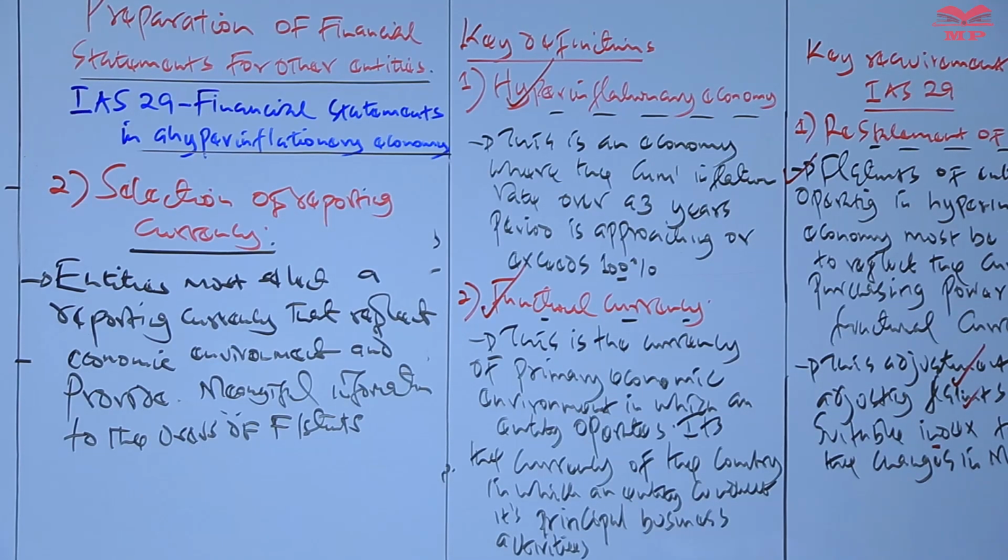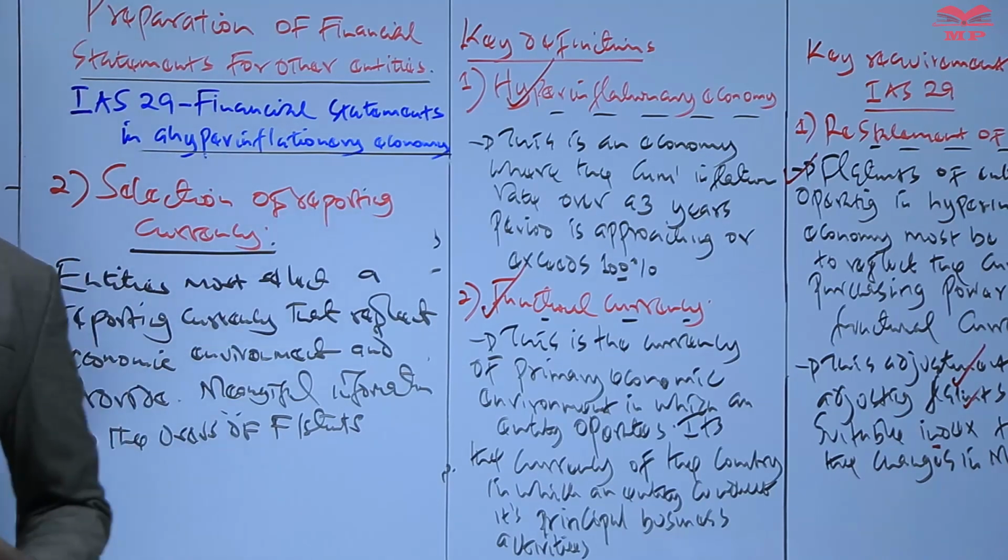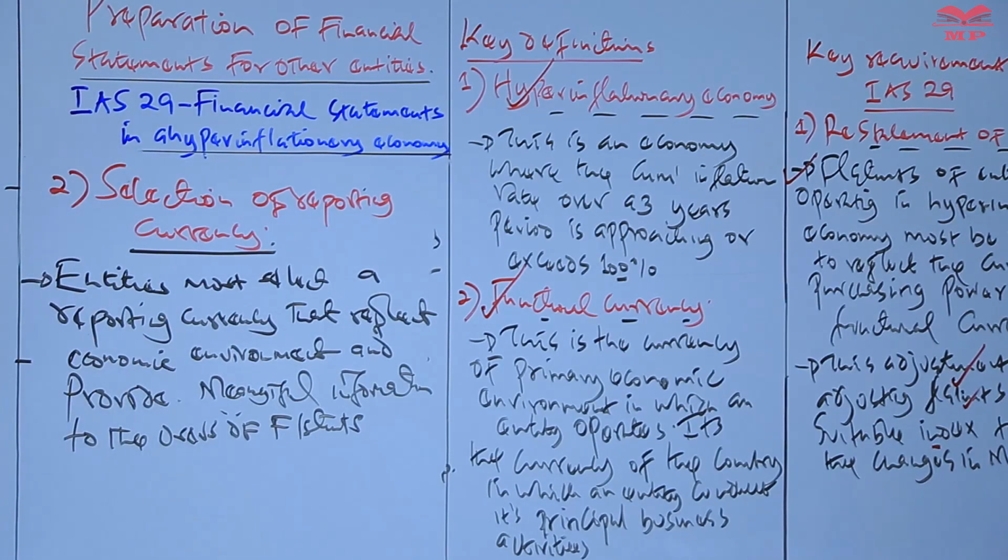For example, if an entity is operating in a hyperinflation economy, such an entity may decide to prepare its financial statements using the US dollar instead of the local currency, a foreign currency which is a little bit stable.